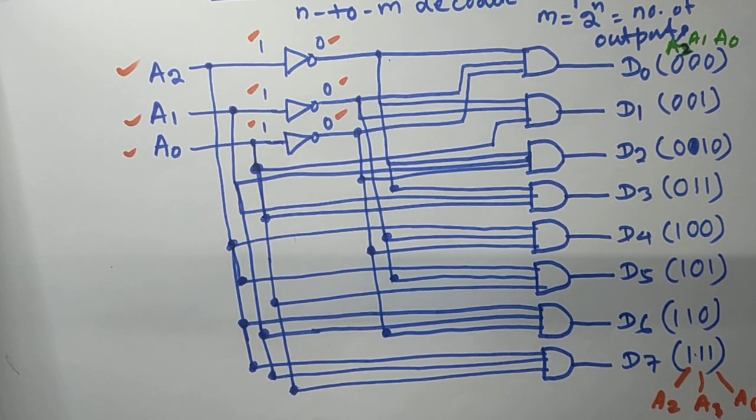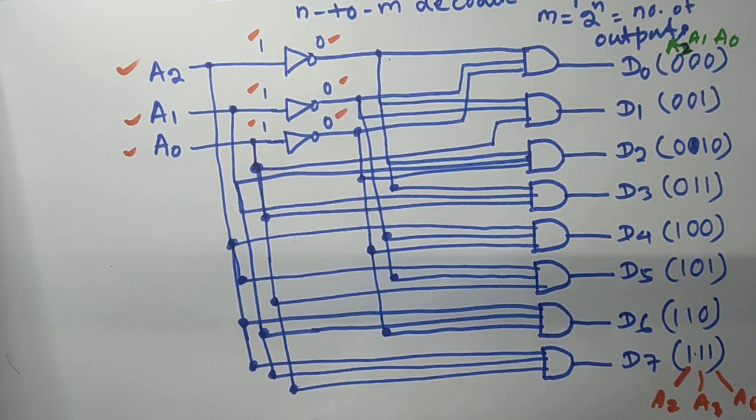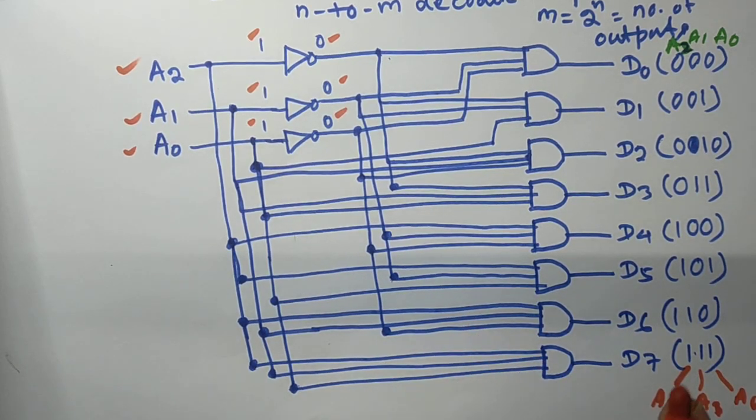Now we will design the truth table of this particular 3 to 8 decoder. How to design, I will tell you. So now I will draw the truth table of the 3 to 8 decoder.